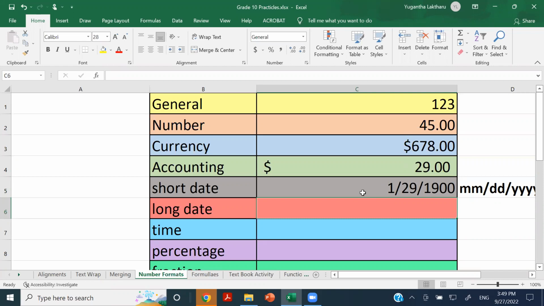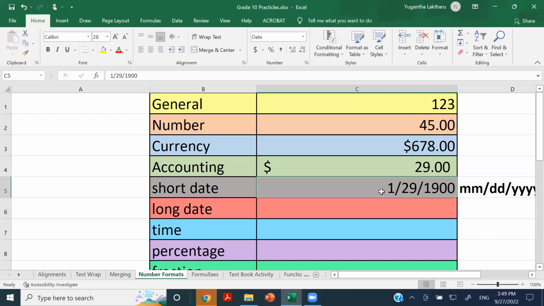the minimum date that Microsoft Office can remember is 1/1/1900. It is going to count the number of the date when we have provided a value. That is why 29 gives January 29, 1900.